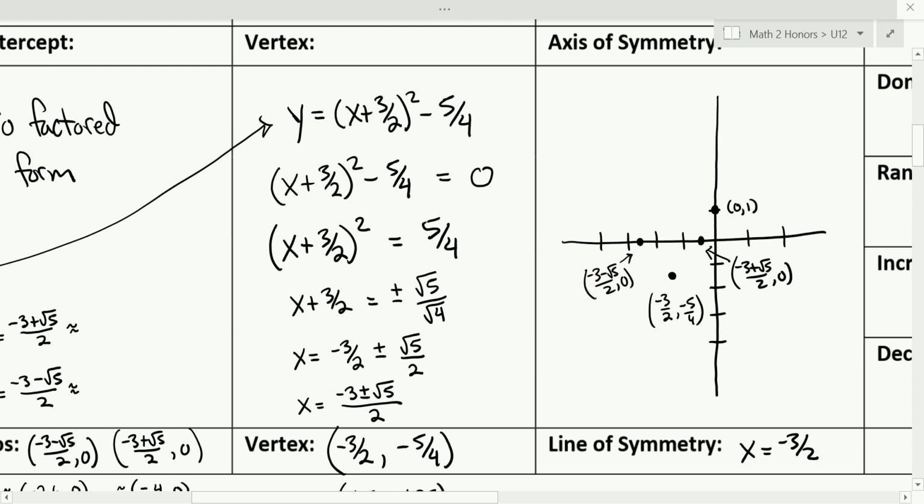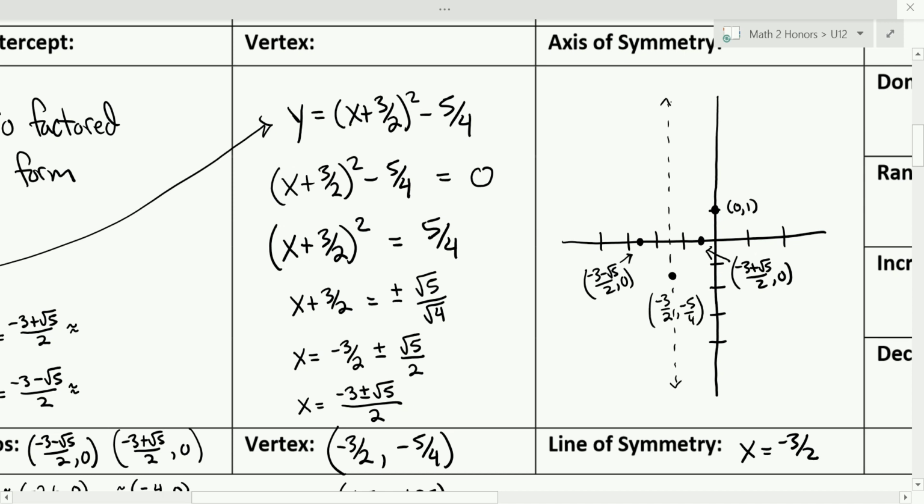And we want one more point. Can anybody give me another point that would work? -3, comma.